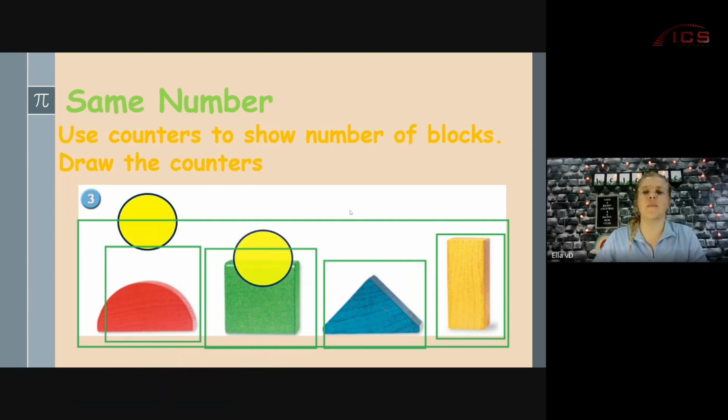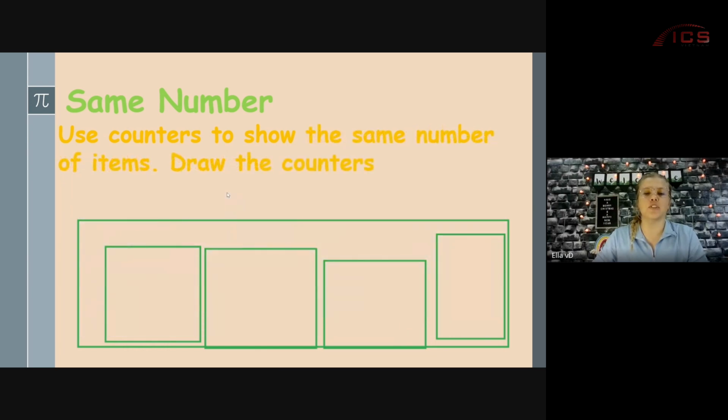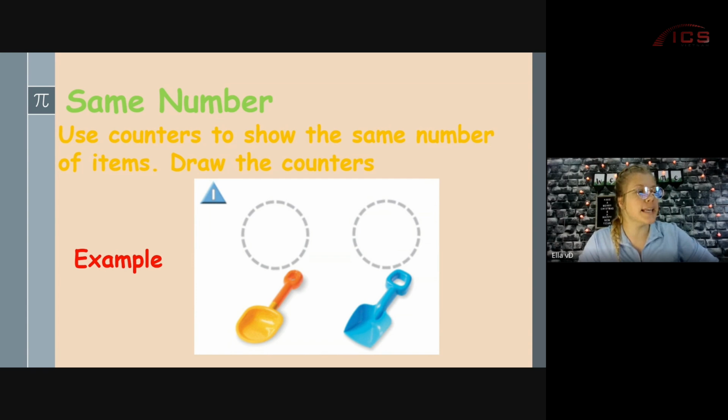Yes, good job. So we've got our counters to count the items. That is using counters and drawing them so that we can count how many objects we have. Sometimes when we have big numbers, it becomes difficult to draw so many pictures, but it does help us to see what we are counting when we are drawing it out.